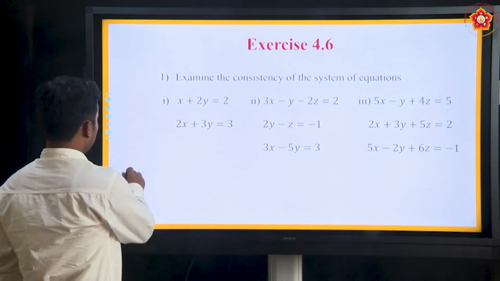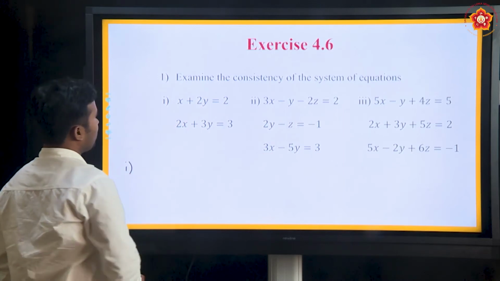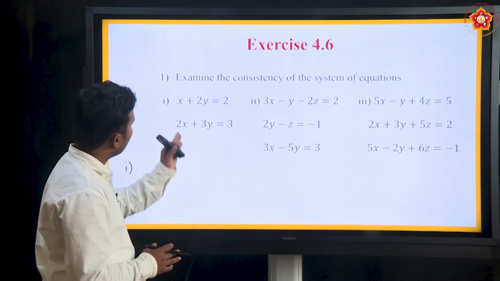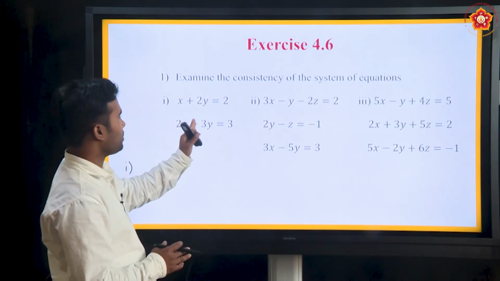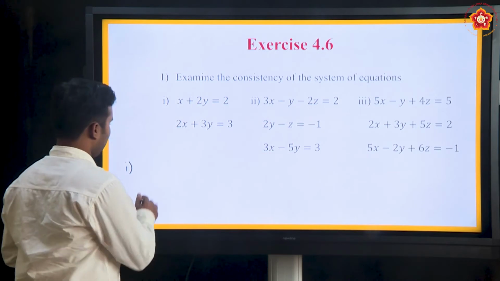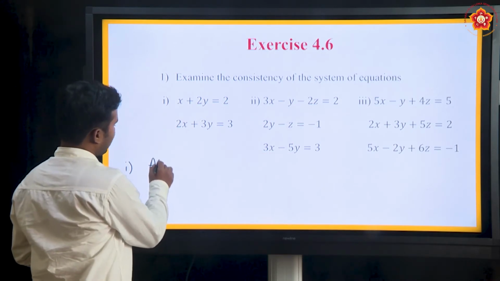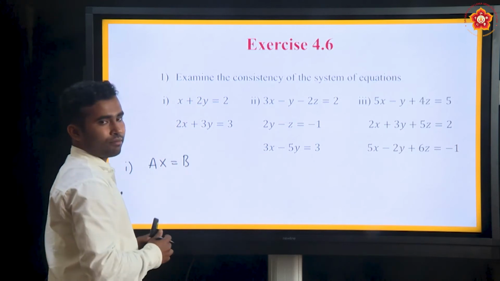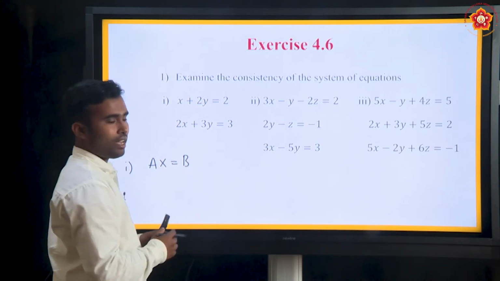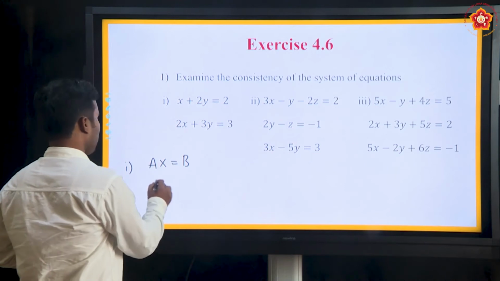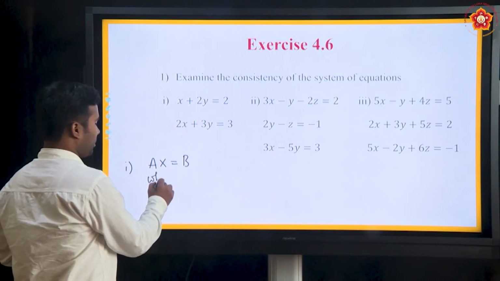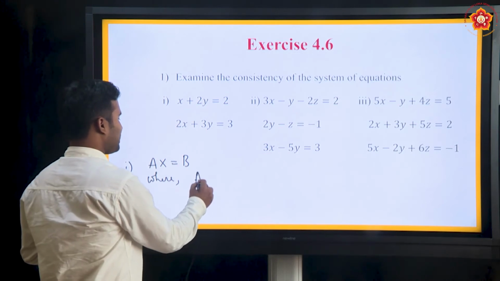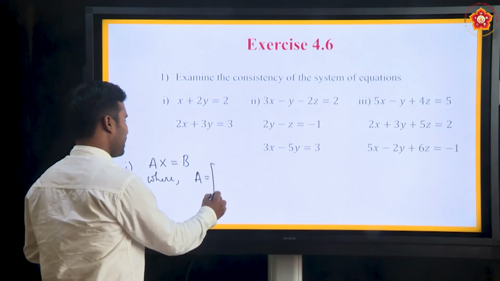Now, I will take the first example. These are the system of equations. Earlier we said we can express this in the form of a matrix, as AX equal to B. Now we have to write what A, X and B are.